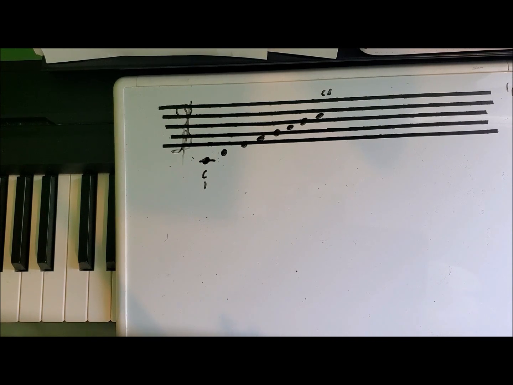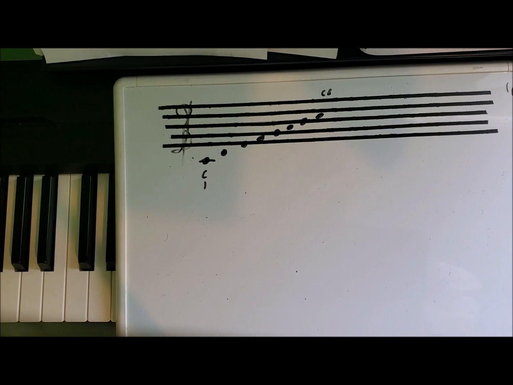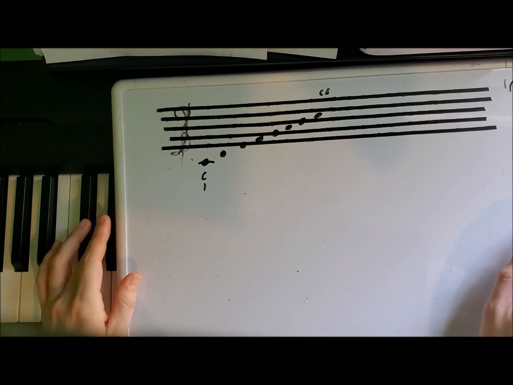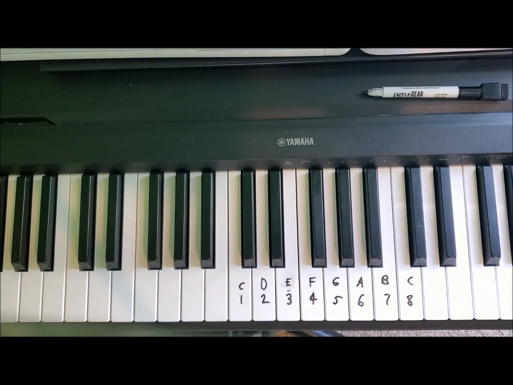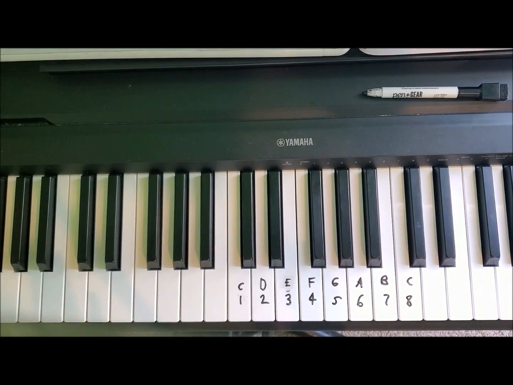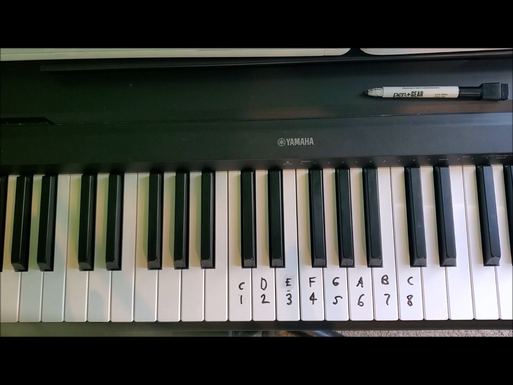So there is a pattern for major scales that is super helpful to know. We have something called whole steps and half steps. And I'm going to go over that first before I write it out for you on the piano, because that's going to be a good visual representation for you. So on keyboards, a whole step is very easy to identify.